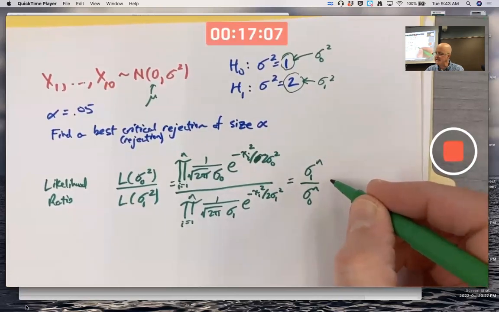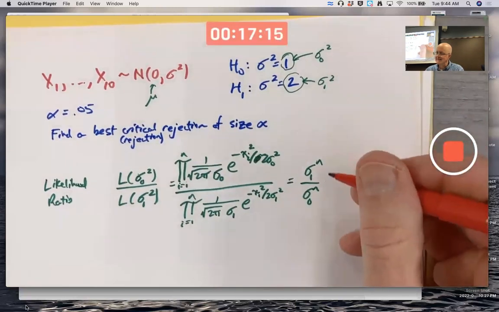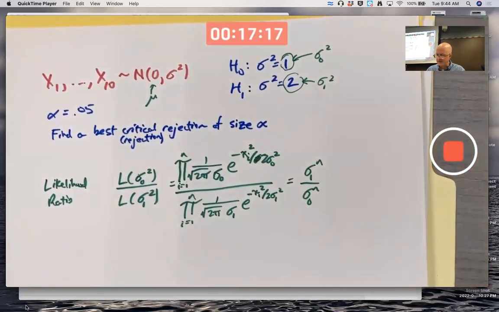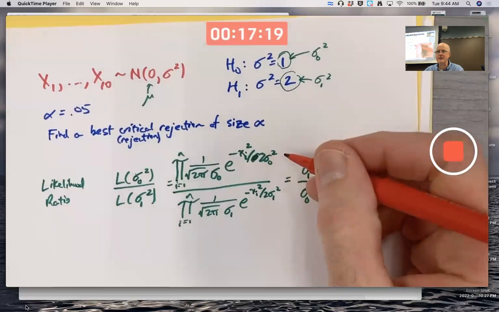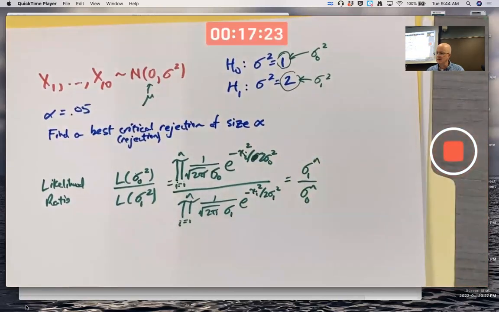And then with the e's, you're multiplying a bunch of things here. Let's be careful. You have e's to a bunch of different powers that are all being multiplied. You've got to add the exponents. So I can write it without the product symbol anymore.